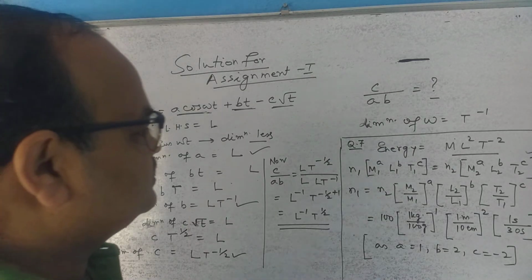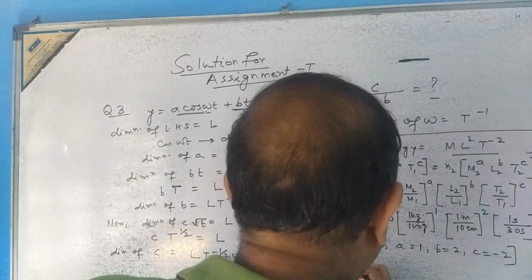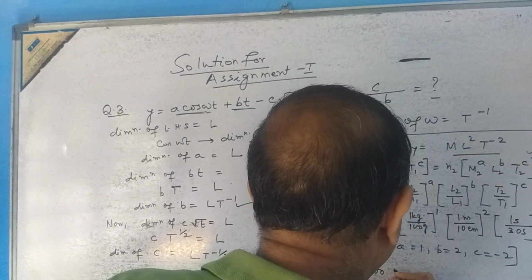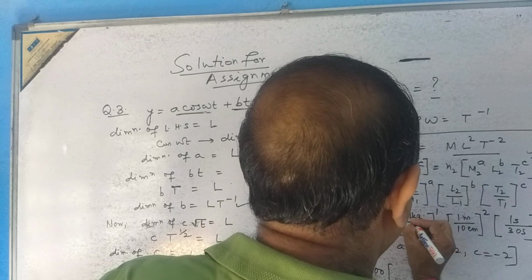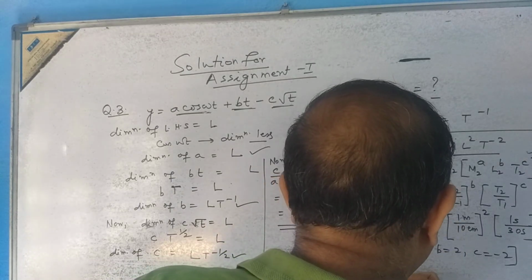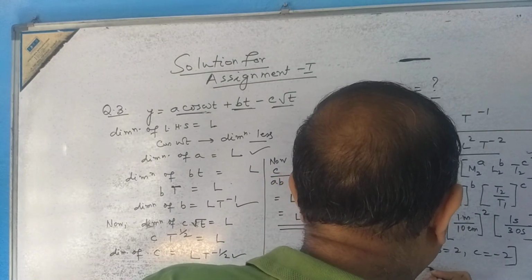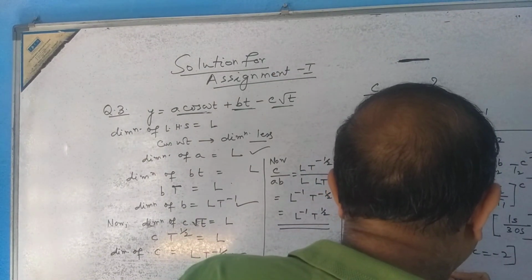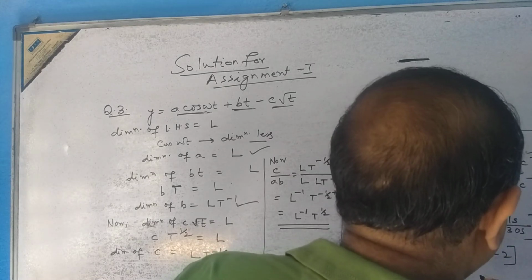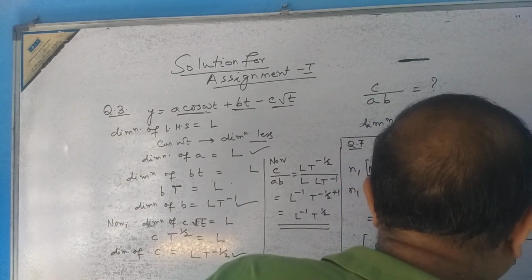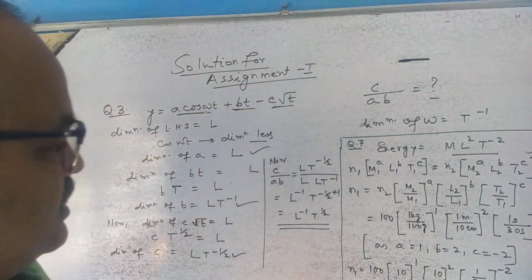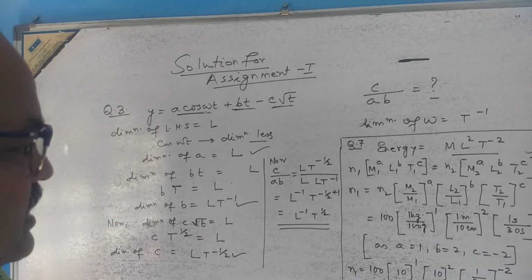So then how much are you getting? You are getting here n1 is equal to 100 into 1000 by this, that means 10 to the power 1. Here we can write obviously 10 to the power 2, and here we can write 1 by 30 to the power minus 2. I hope you will get the answer.